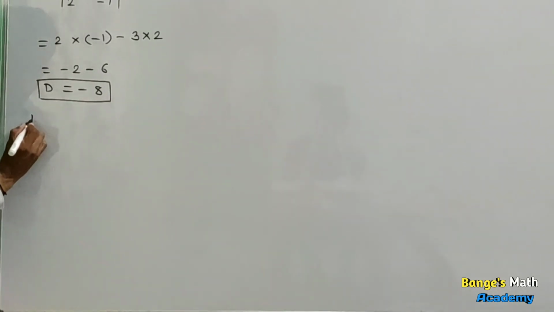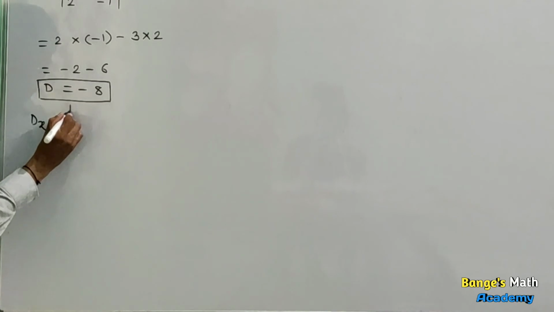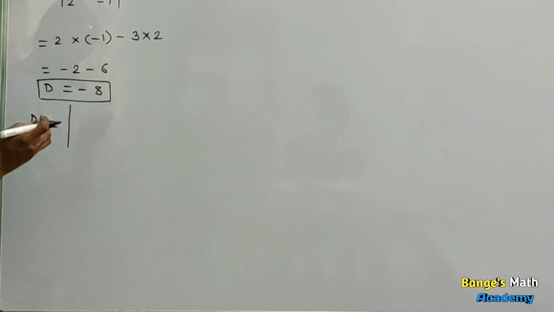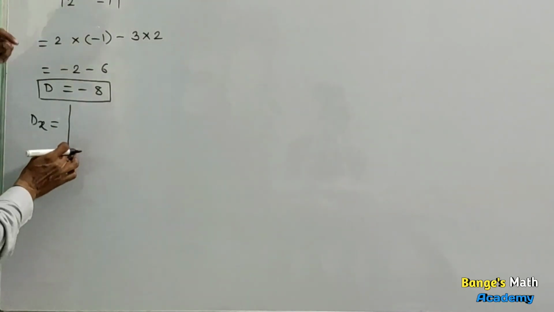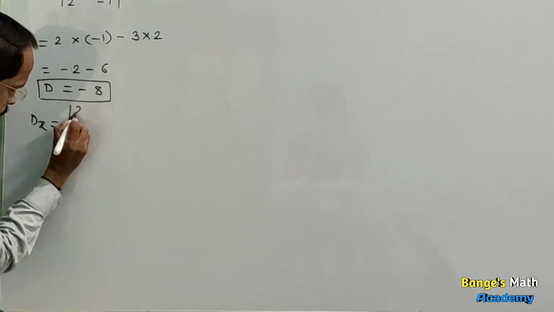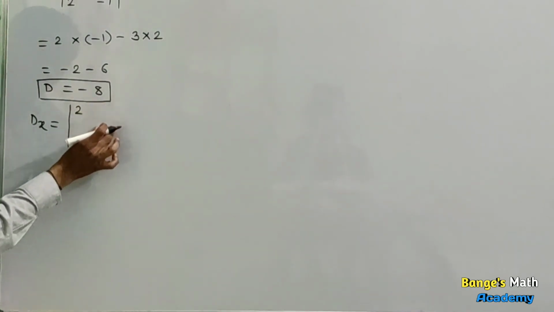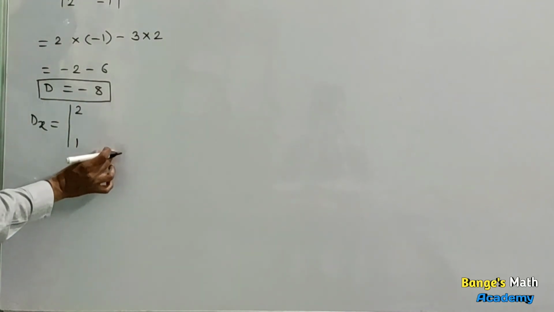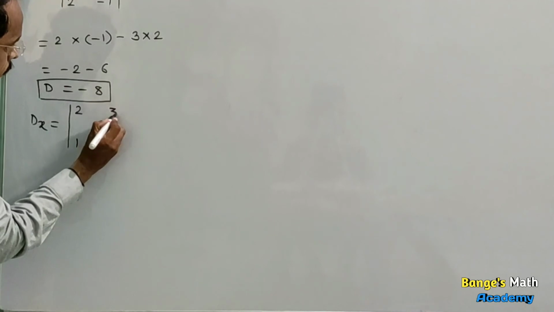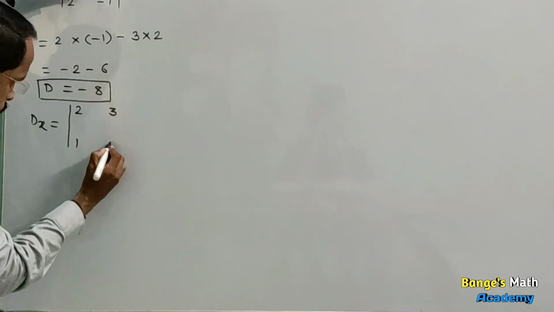Then dx is equal to, in first column hide the coefficients of x and replace it by constant term 2, 1. And in second column write down coefficients of y: 3, minus 1.